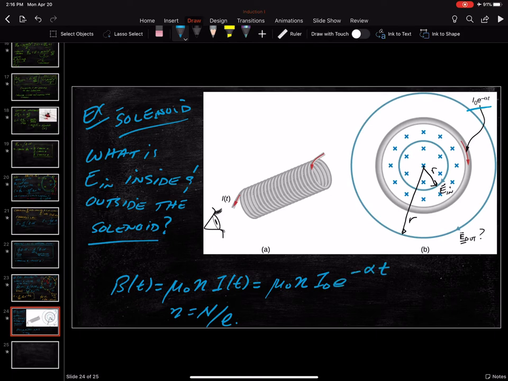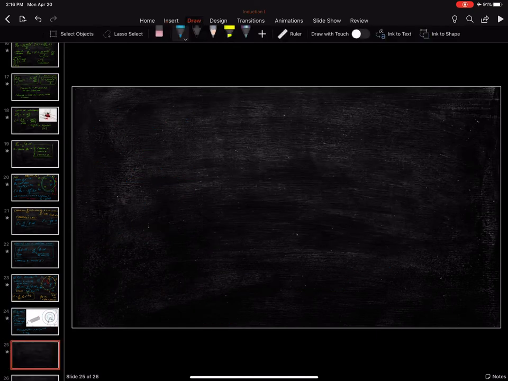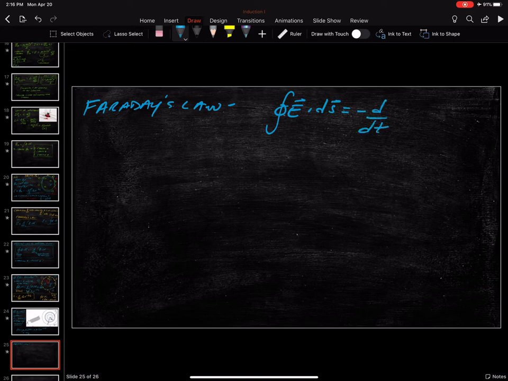And alpha here is just some constant, just tells you how rapidly this current goes away. Okay? So I got that. Now the magnetic flux, well, let me write down Faraday's law very carefully. Integral E dot ds is equal to minus d dt of integral B dot dA.